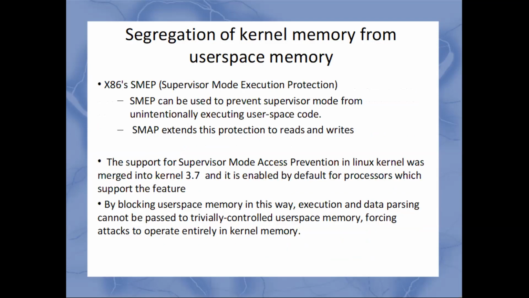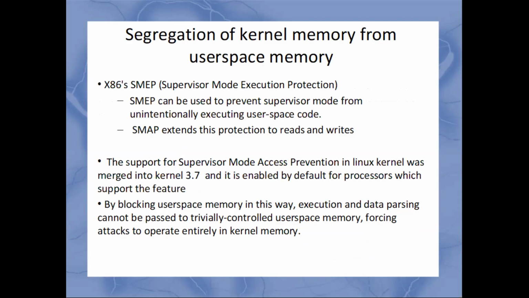Another hardware support is Supervisor Mode Execution Prevention, which is used to prevent supervisor mode from unintentionally executing user space code, and it extends the protection to reads and writes.